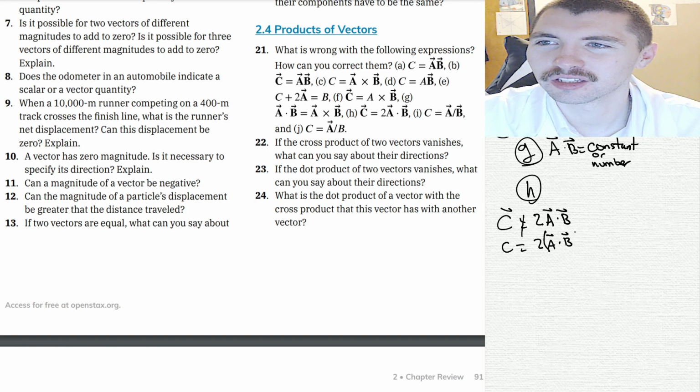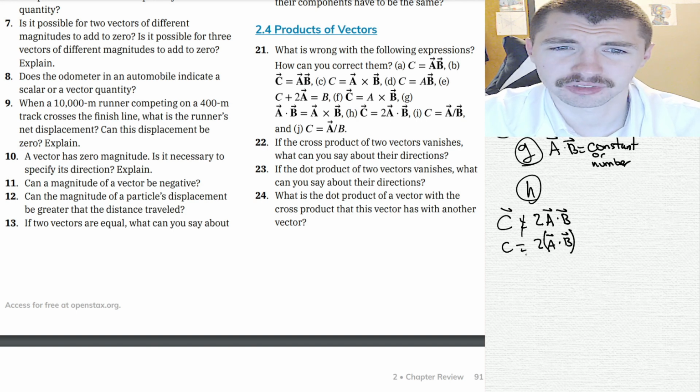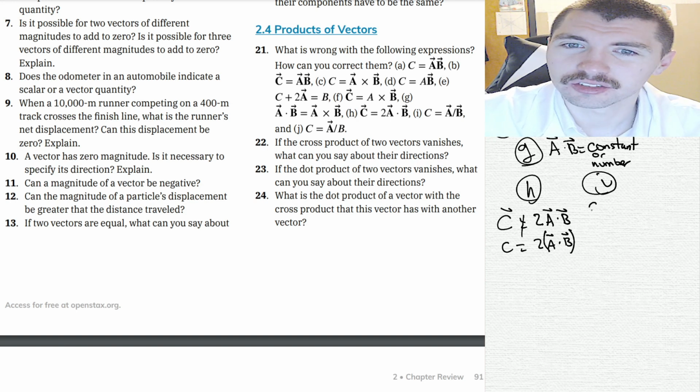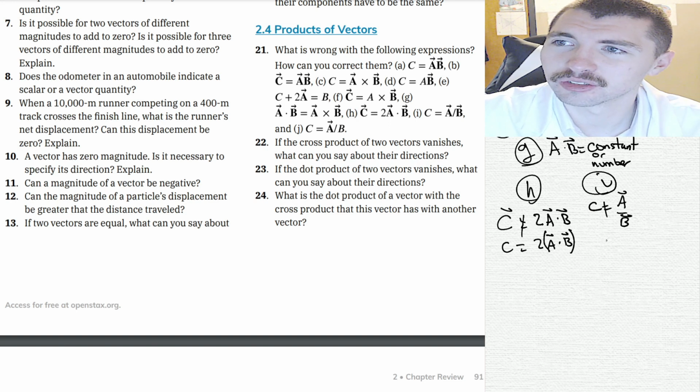So I think this implies that, but it's not clear. So I, C equals A over B. It's not possible because you can't divide vectors.